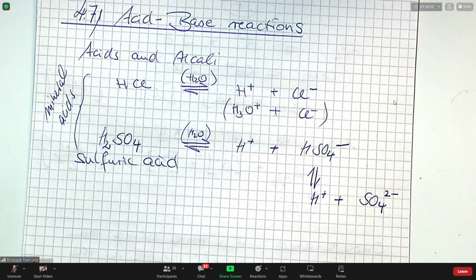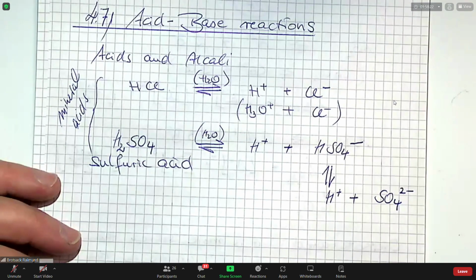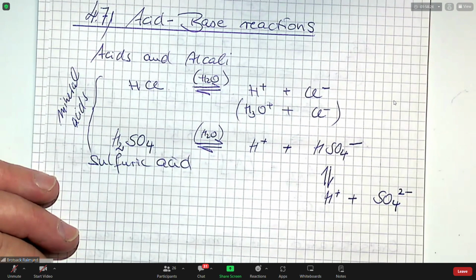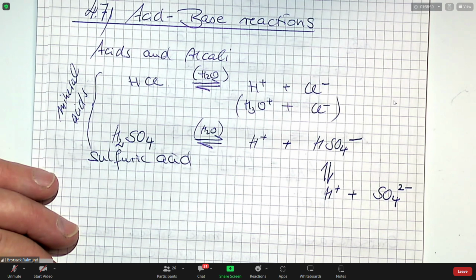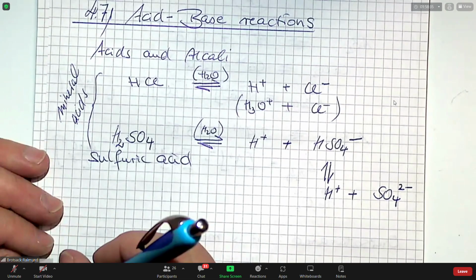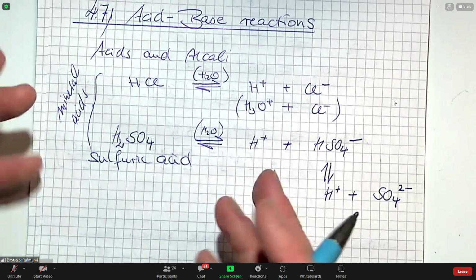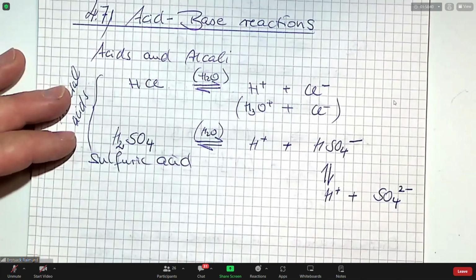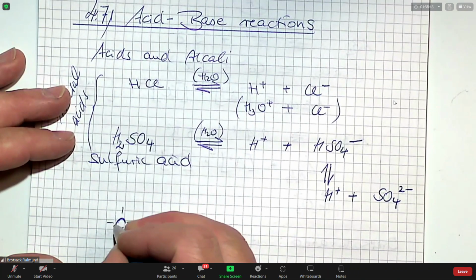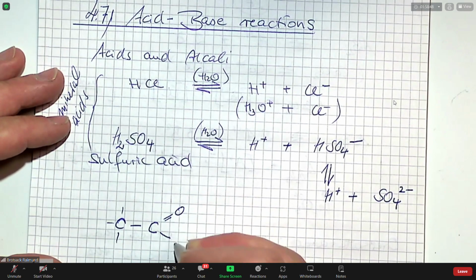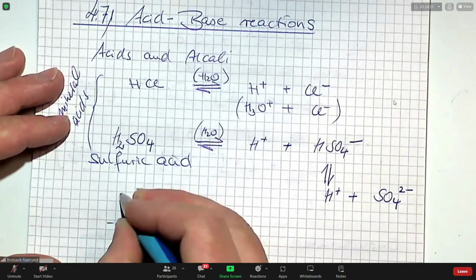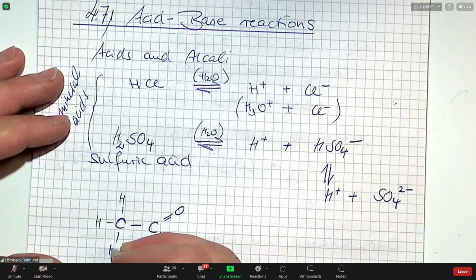Do you know one? Vinegar or acetic acid. Do you know the formula? And when we try to draw the structure, it is CH3COOH.